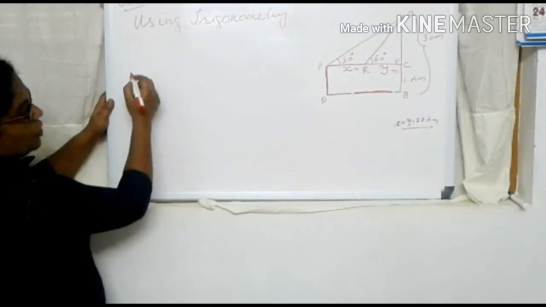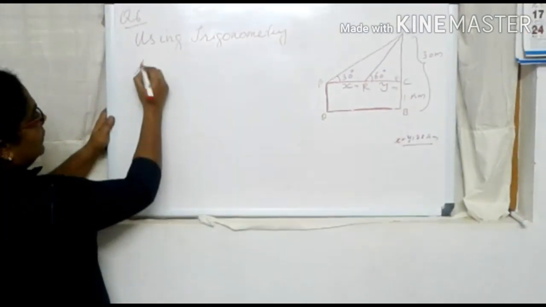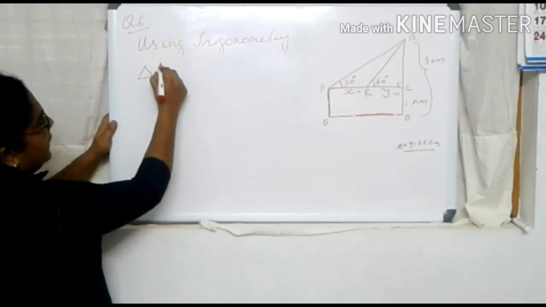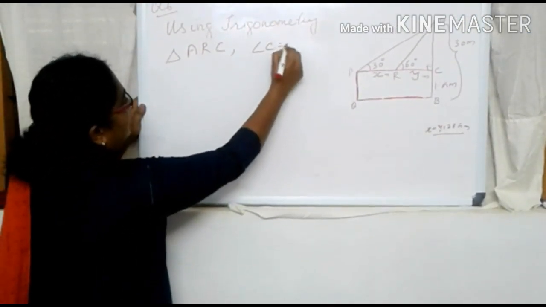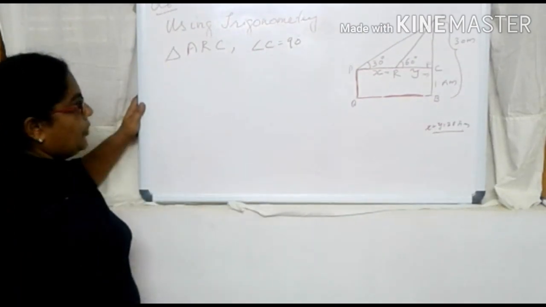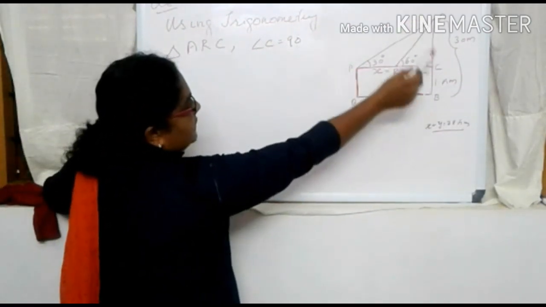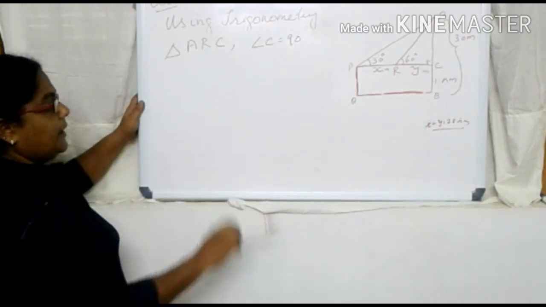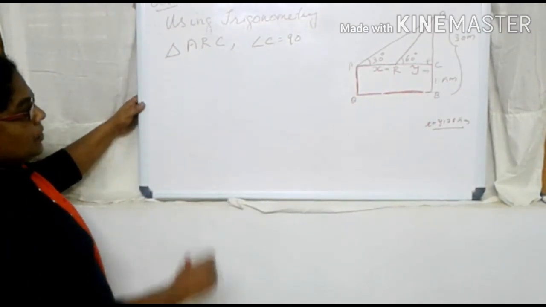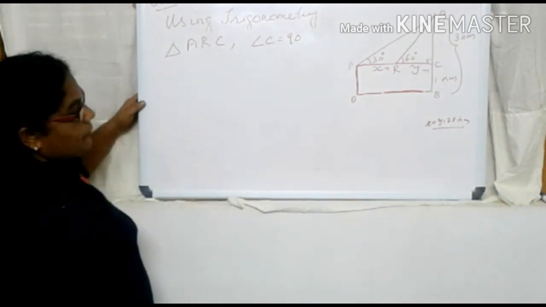Now using trigonometry in the right triangle ARC, here we know angle C equals 90 degrees. The value of AC we know, and we have to get the value of RC. Only then can we find out the value of x. So how will we do that? Same way we apply it.